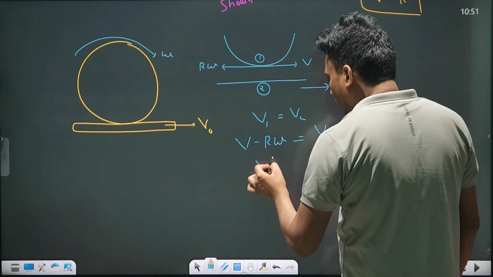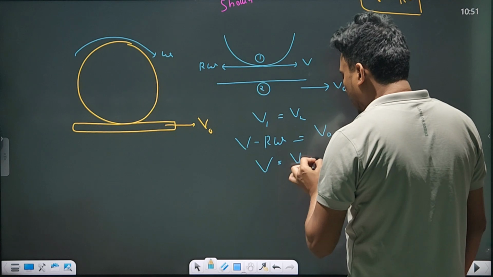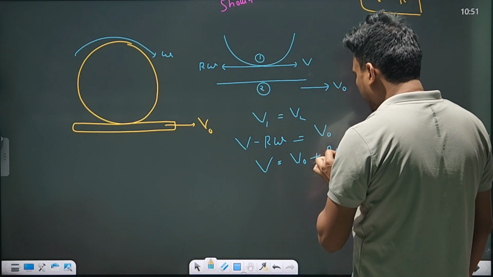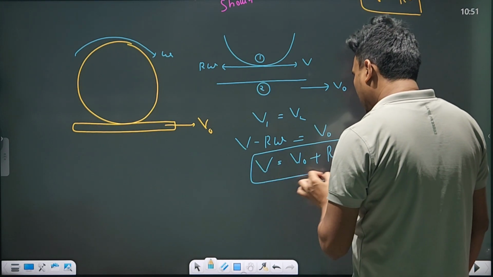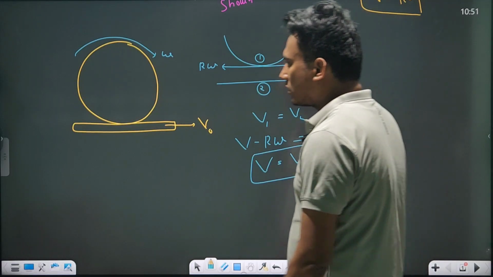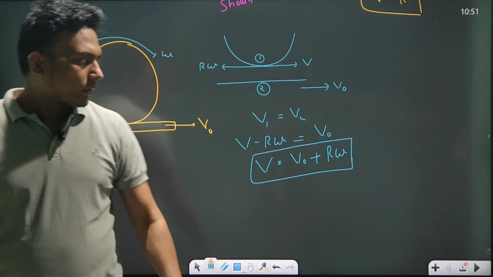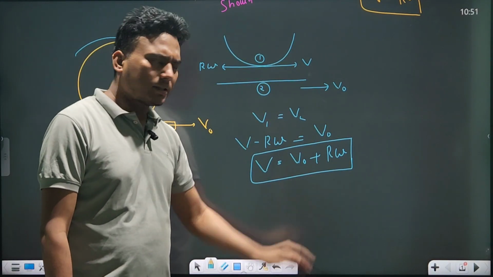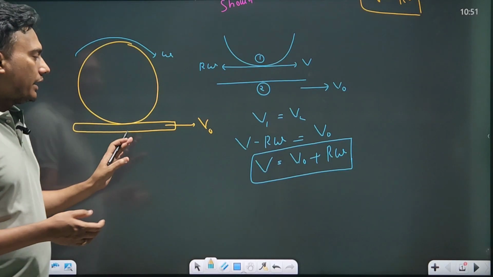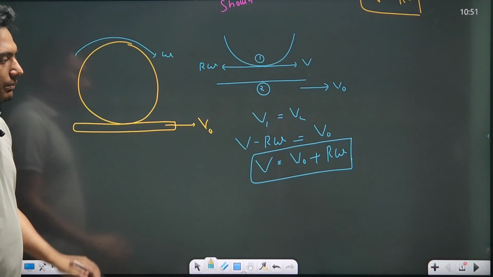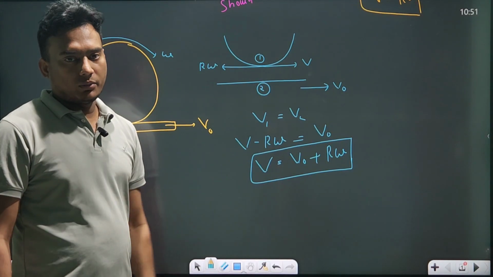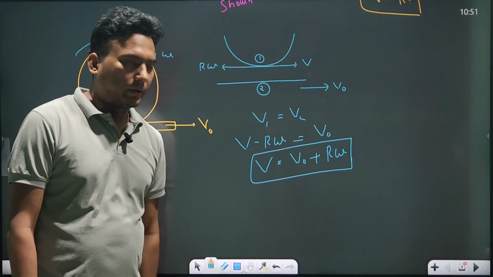So V equals V naught plus R omega. So if the platform has some speed V naught, then the pure rolling condition is not V equals R omega, it is V equals V naught plus R omega.